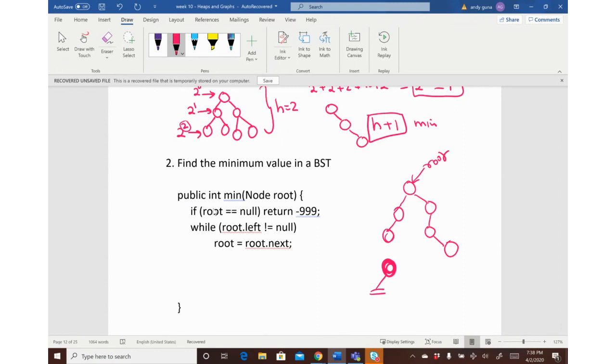So we have to go left, because each node has 2 pointers, left and right. When you leave the loop, this means root dot left is null. That means your root is the last one here. So you just have to return the root dot value. All right, so that finds the minimum of this tree.